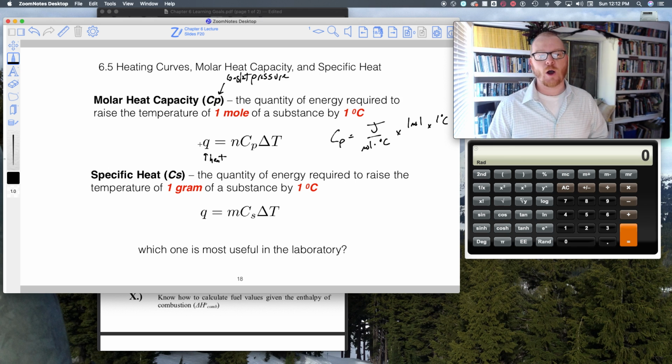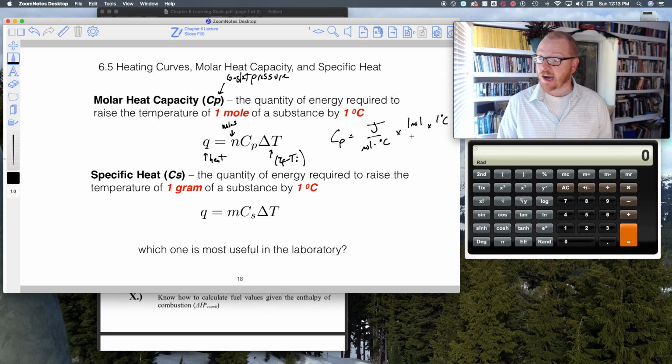So that formula goes, the heat equals N, the number of moles, times the CP, the heat capacity, times the delta T, which we recognize as T final minus T initial. So if we think about the units of this equation, that's what's going on right here, right? However much temperature rise and however many number of moles times heat capacity gives us the amount of heat we need to make that happen, okay?